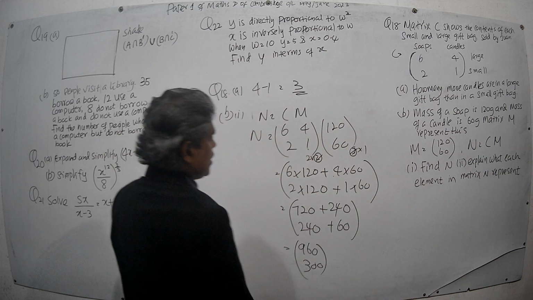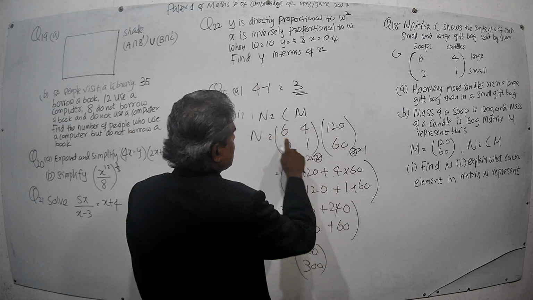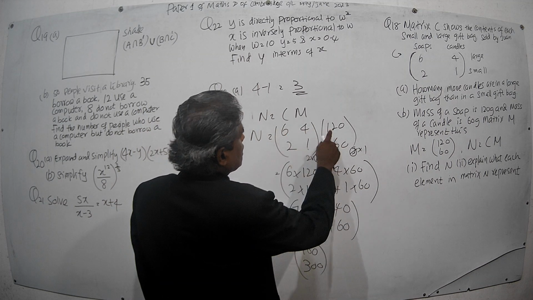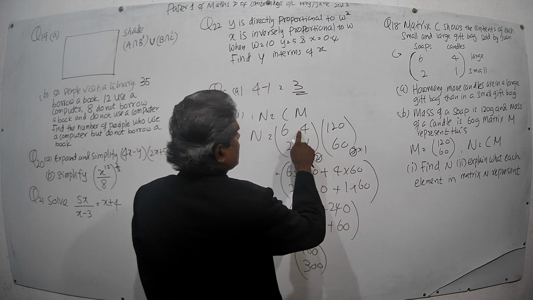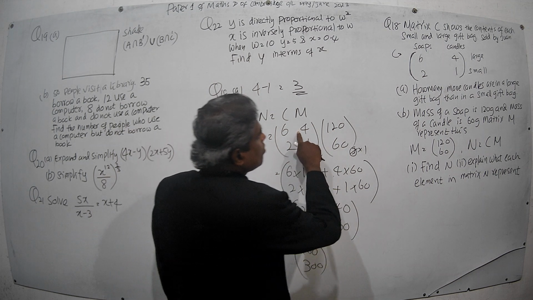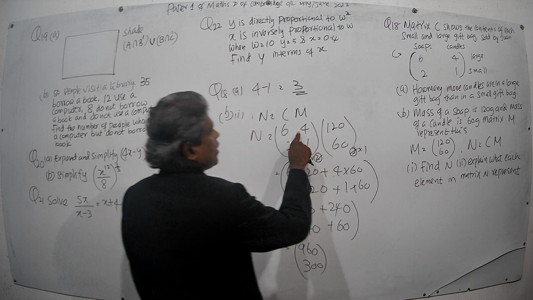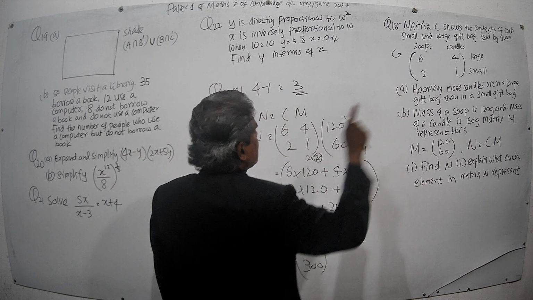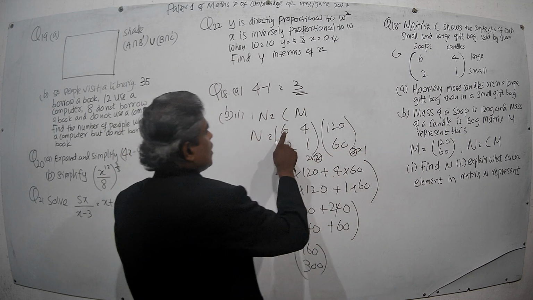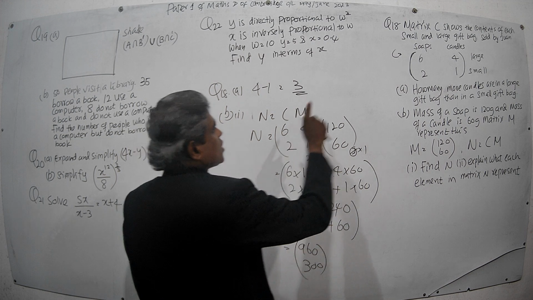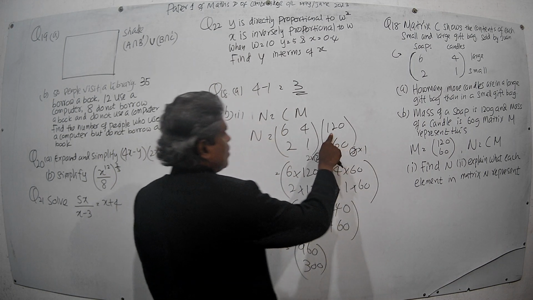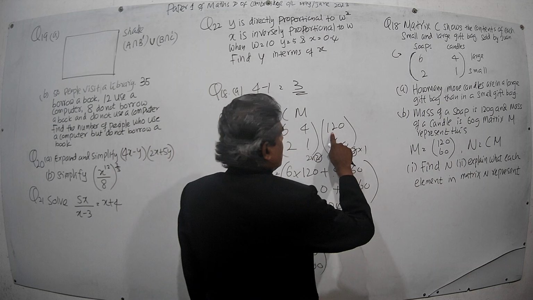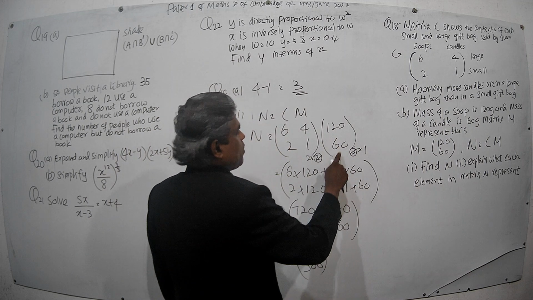Now what we did here, we multiply this by this. Then this is the number of soaps, and this is the mass of one soap. Then this is the number of candles in a large gift bag. This is pieces of soap in a large gift bag. This is the mass of one soap. This is the mass of one candle.